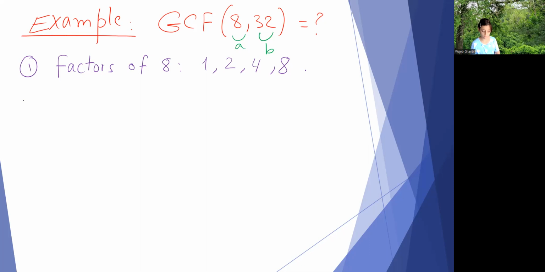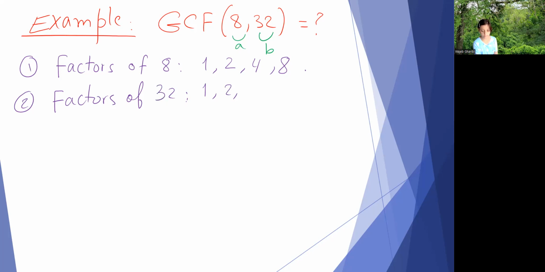Step number two: we have to find the factors of the second number, which is 32. What are the factors of 32? It means what are the divisors of 32, the numbers that 32 is divisible by. Number 1, 2, how about 3? No. Why?